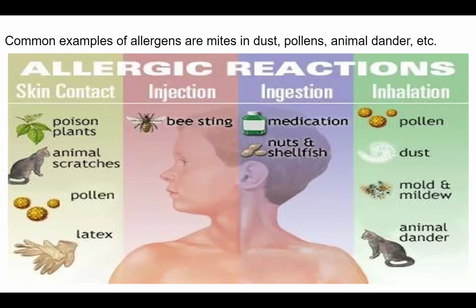Pollens, latex: once all these things come in contact with the skin, allergies would start. Injection, like the sting of a bee, also can be allergic. It is stinging and injecting some chemicals into the skin, and hence we are getting allergy. It can be a bee sting or the sting of any insect.